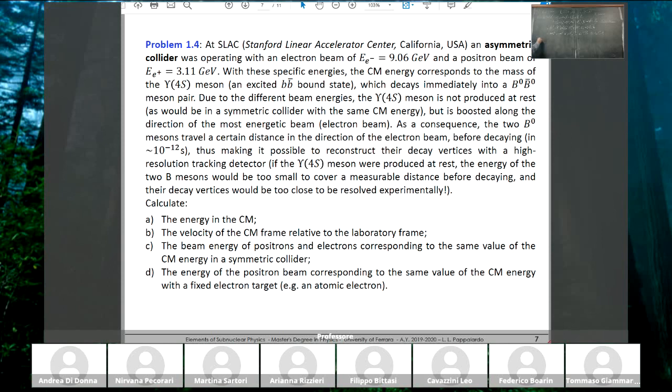So the center of mass energy, which will be given by the mass of the epsilon, will be 4 times E minus E plus, so the square root of 4 times 9.06 GeV times 3.11 GeV.